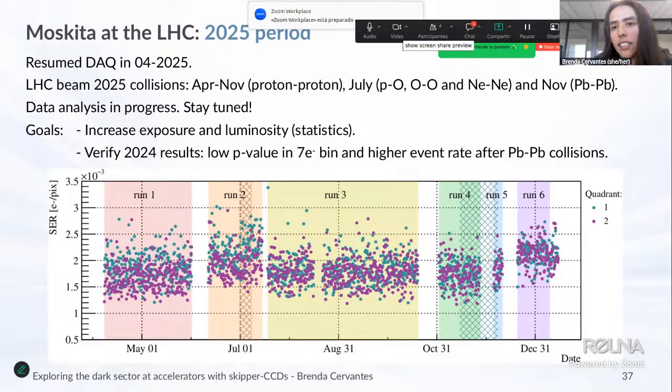That's something that is being done. The backgrounds are usually well understood and controlled for these very low energy searches. So it is possible to see the variation of the rate in time.